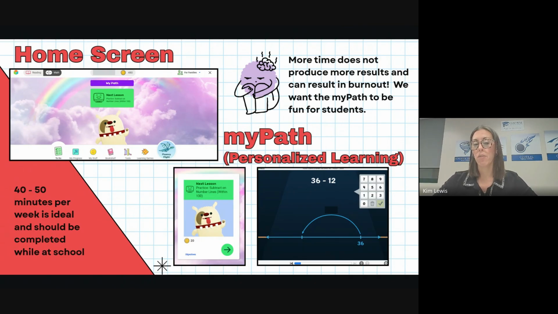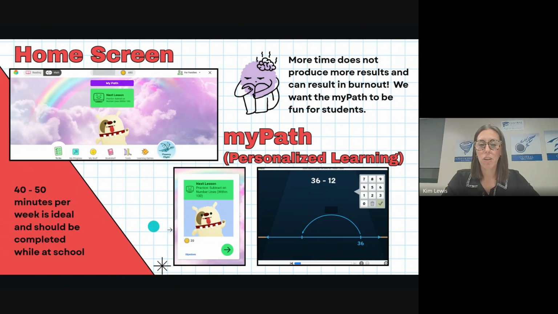In their research, they also noticed that after that 50-minute mark, the growth tends to plateau a little bit, and the benefits are no longer as beneficial the longer they're on it. So they see consistent, steady growth up to 50 minutes, and then after that, it kind of plateaus.